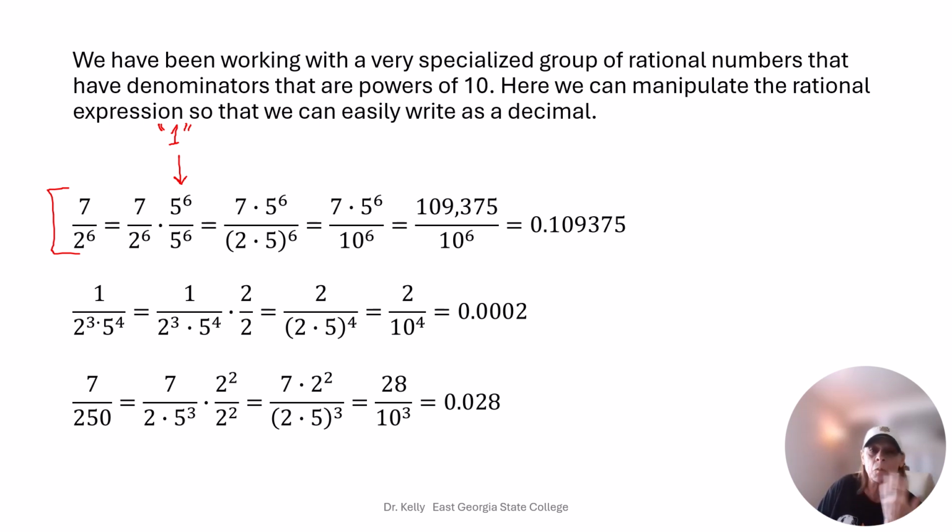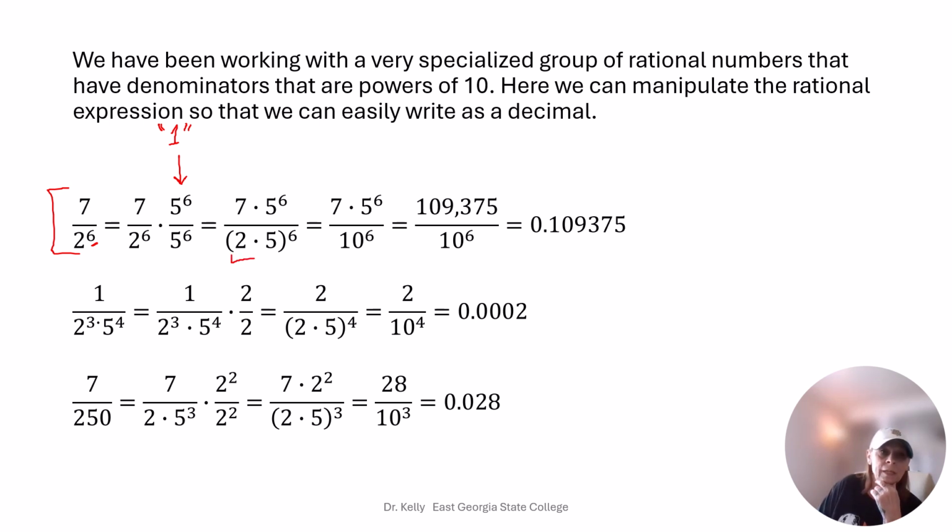So if we multiply the top and bottom by the exact same thing, we're not changing the problem, even though the look changes a little bit. We're really not changing the veracity of the problem because we're really only multiplying by 1. And so we're going to bring in that 5 to the 6 because we already have a 2 to the 6, and 2 times 5 gives us a 10.